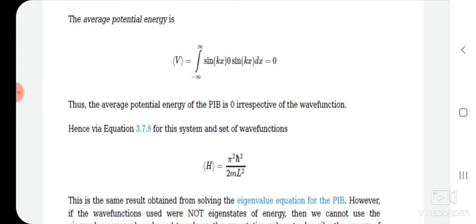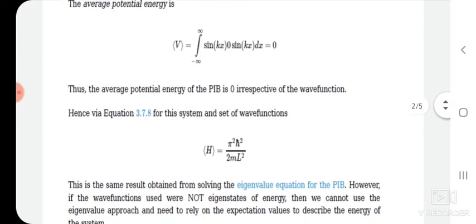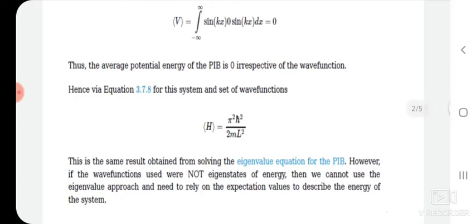Therefore, the total energy, or Hamiltonian operator H, is equal to pi square h cross square by 2mL square plus 0. The Hamiltonian energy is nothing but the average kinetic energy of that particle, pi square h cross square by 2mL square. This is the same result obtained from solving the eigenvalue equation for the particle inside the box.